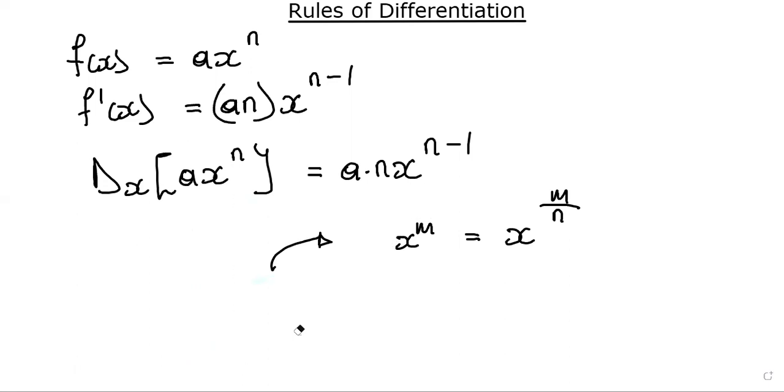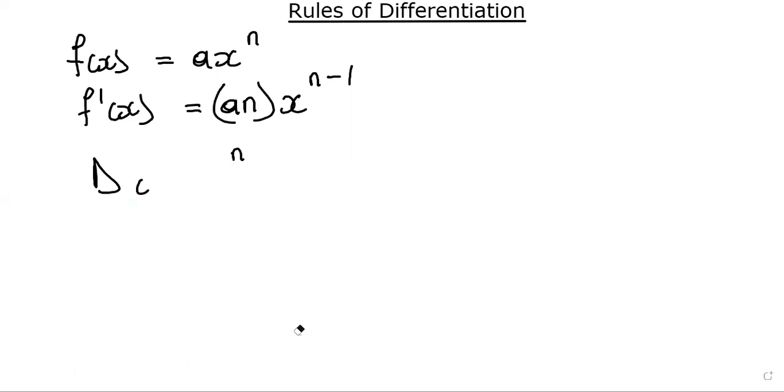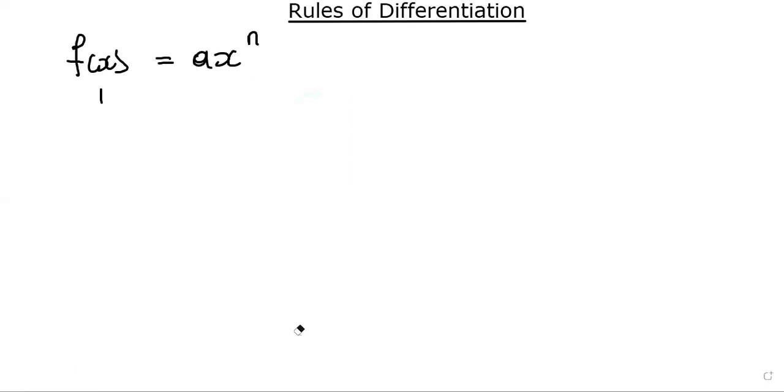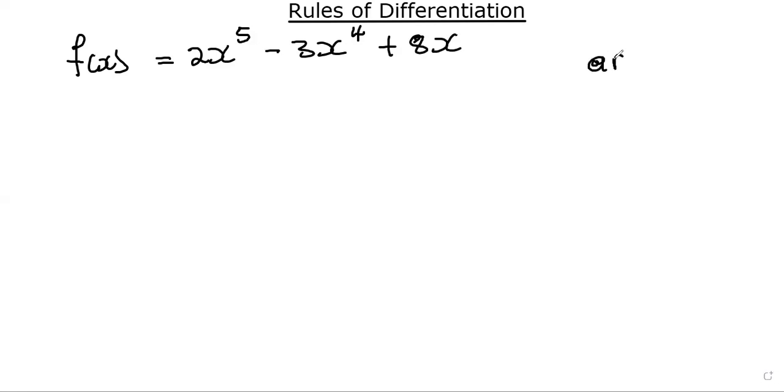So let's say you are seated peacefully in the exam, minding your own business, and they ask you to differentiate the following function. They say to you f of x equals 2x to the power 5 minus 3x to the power 4, and then you say plus 8x. Well, here you can see that you have a polynomial, you can easily use your power rule.